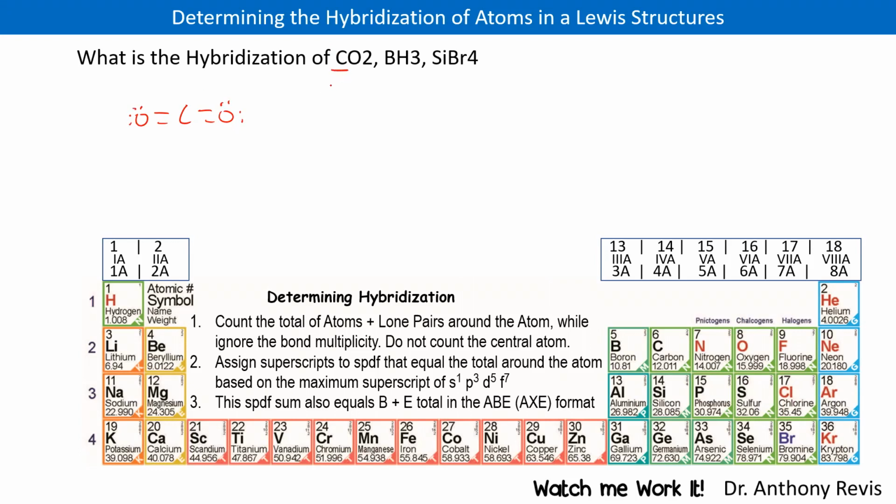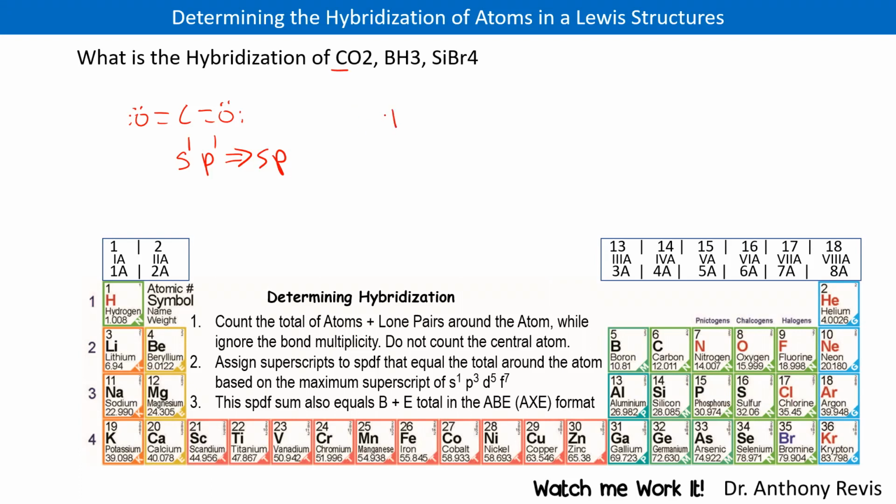The best Lewis structures don't put lone pairs on carbon in Gen Chem. So I really just have 2 objects around the central atom here. I'm going to locate one of them in the S and the other in the P, and we don't write 1, so this is going to be SP hybridized. That's it. Count it and load the orbitals. Got it?